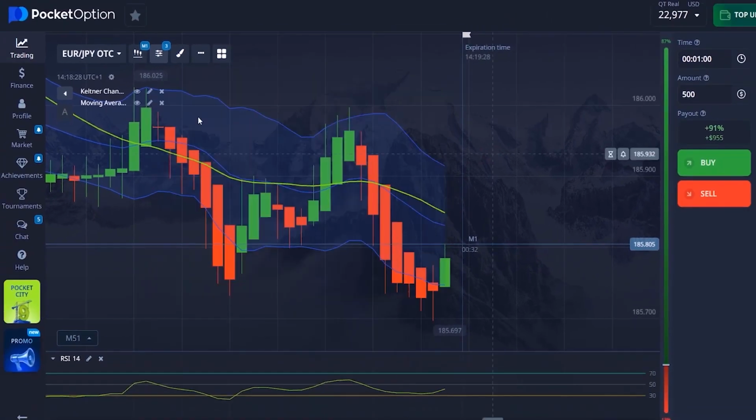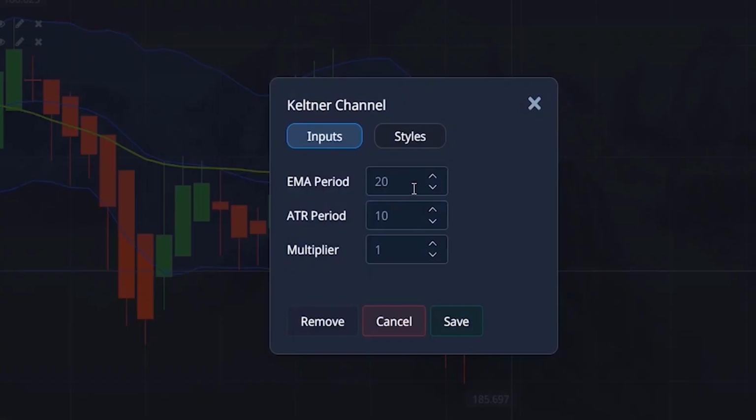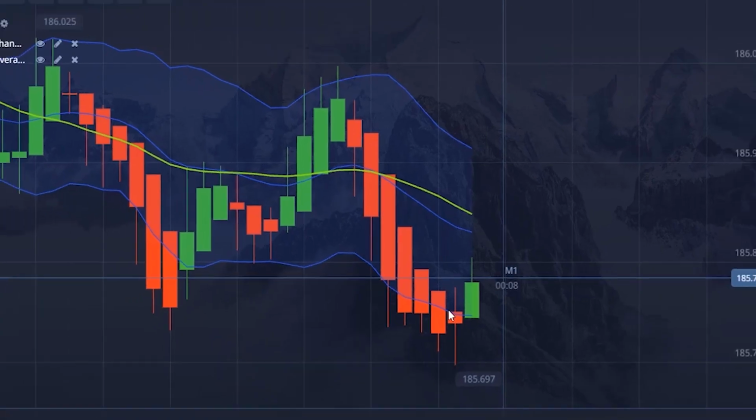The settings of my Keltner channel comes with the EMA period of 20, the ATR period of 10, the multiplier as 1. Right here on the style level, I'm going to leave the colors as default colors like this, and I'm going to be using them on 1 pixels each. So when I'm done, I'll click on save.